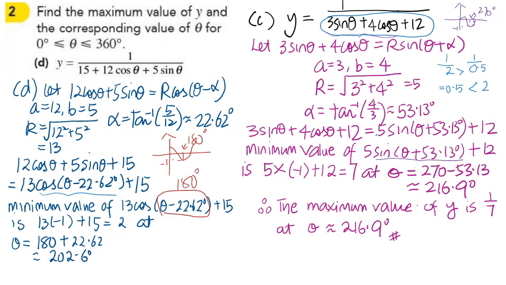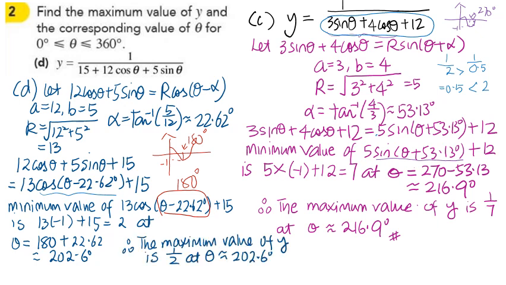So that will make your angle theta 180 plus 22.62, which gives you 202.6. So therefore, the maximum value of y will be 1 over half here. We found it at theta equals 202.6 degrees.